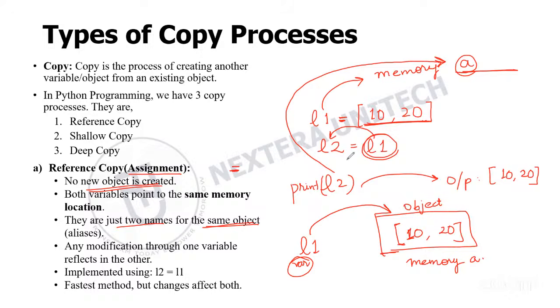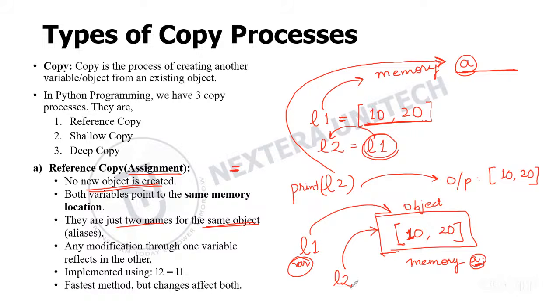When you use reference copy and do L2 equals L1, your L2 will also point to the same location where you have 10, 20, that is memory A only. So if you check the memory of L1 and L2, the same memory will be given.